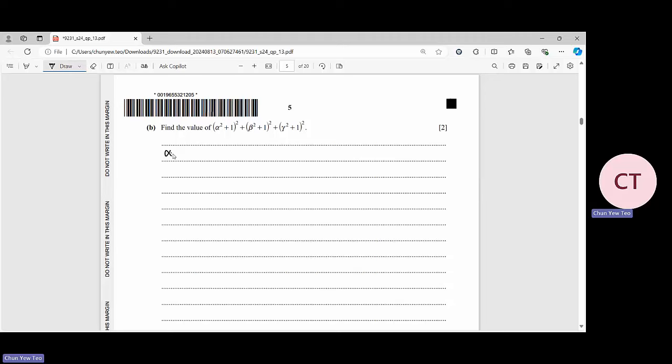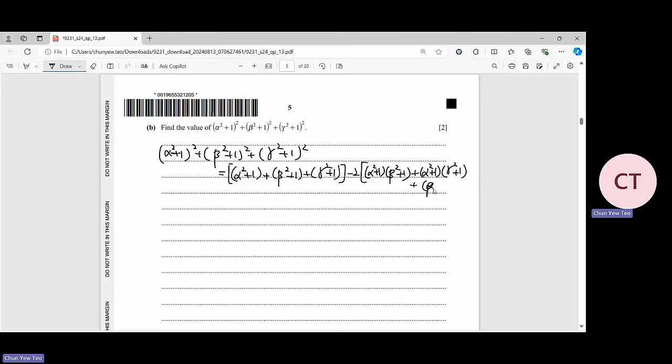We have (alpha^2 + 1)^2 + (beta^2 + 1)^2 + (gamma^2 + 1)^2. This equals (alpha^2 + 1 + beta^2 + 1 + gamma^2 + 1)^2 minus 2 times [(alpha^2 + 1)(beta^2 + 1) + (alpha^2 + 1)(gamma^2 + 1) + (beta^2 + 1)(gamma^2 + 1)].